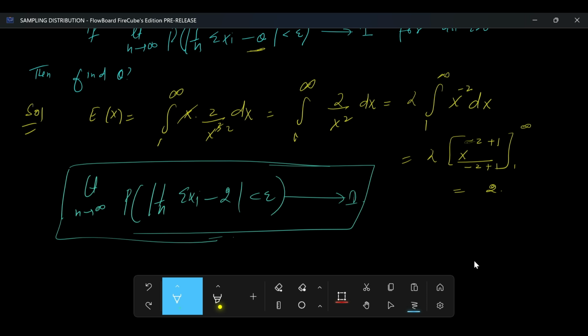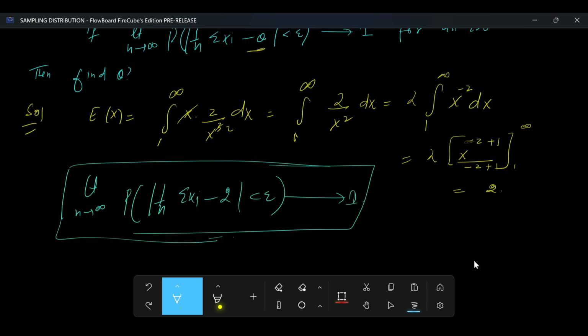asked. But remember that convergence in probability will be much useful in some other topics, like it may be consistency, it may be the weak law of large numbers. And you know how to find the f of x when the CDF of a sequence is given.